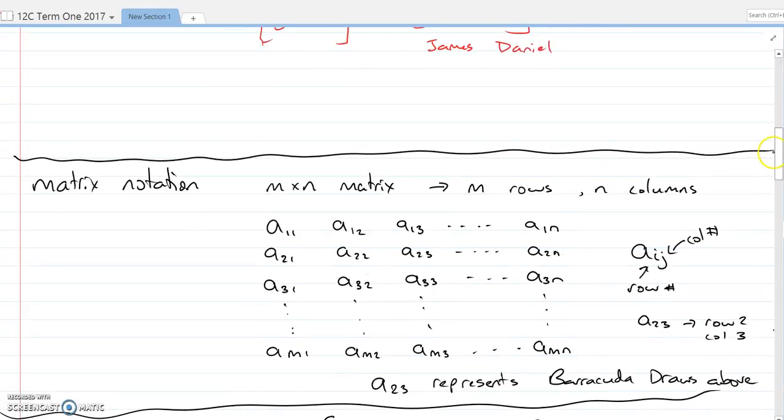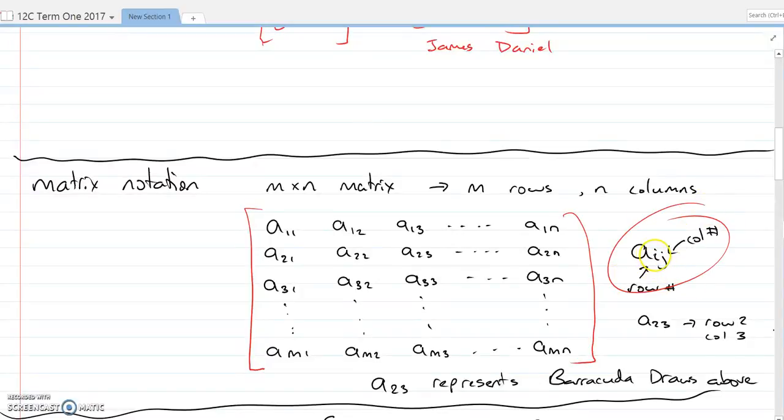So anyway, on to some matrix notation here, which I don't know that I showed you last year, but if we have an m by n matrix, often we can represent this matrix using little letters to represent each element. Okay, so over here we say A with two little numbers next to it, the first number being the row and the second number being the column.